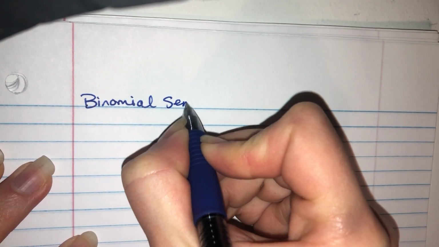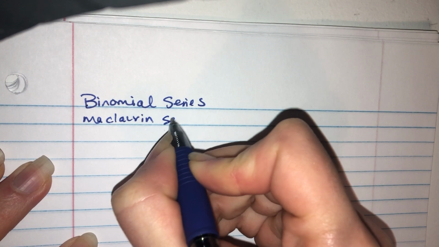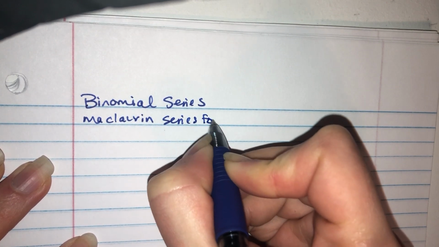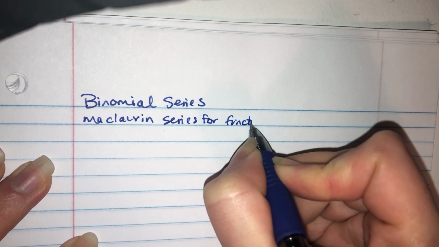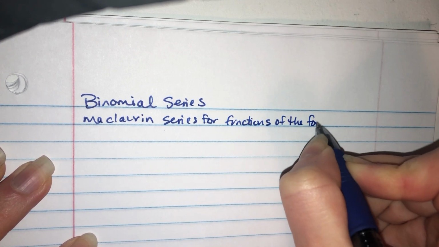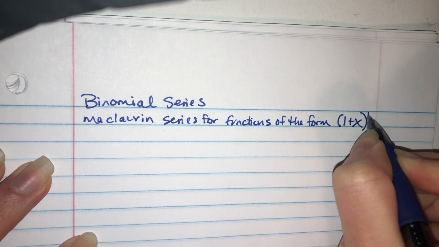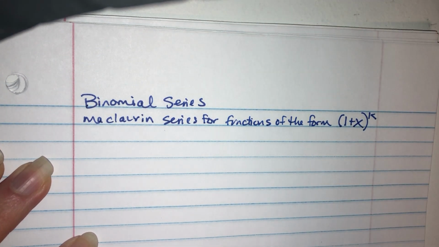So, I have another note card for you about series for today. This is called the binomial series. And this is going to be the Maclaurin series for functions of the form 1 plus x raised to the k power.